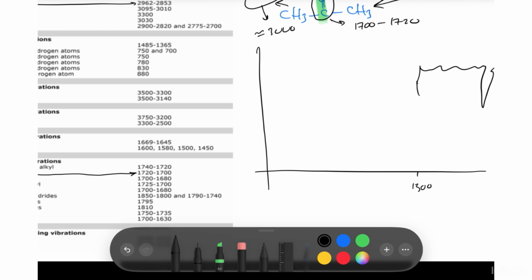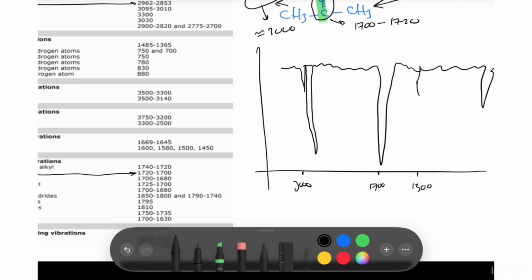So technically, we can say we have like 1700s. We are expecting to have a peak in this area, and then we have another peak at about 3000 or a little below 3000, like this.